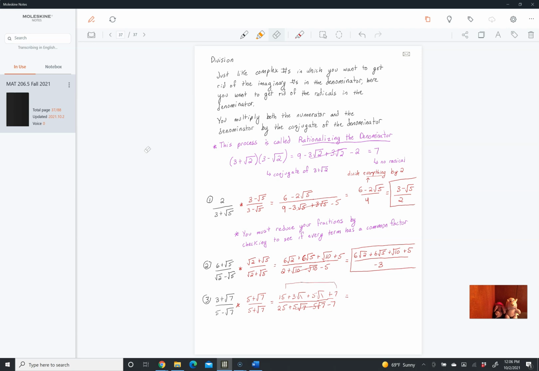And 3 root 7 and 5 root 7 can be combined because they both have radicals. The radicands are the same, the indexes are the same, and the coefficients are like terms.